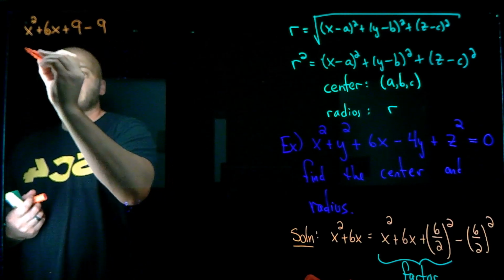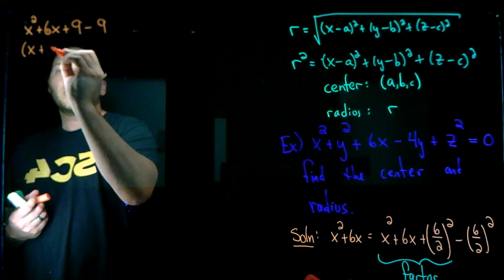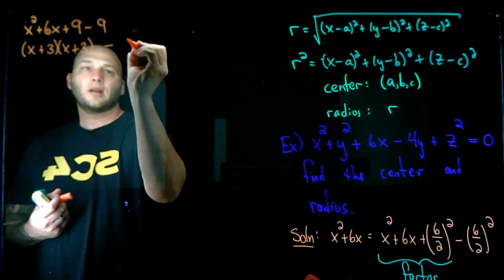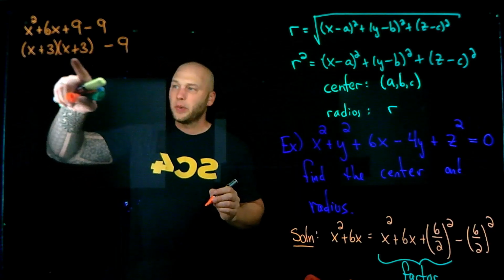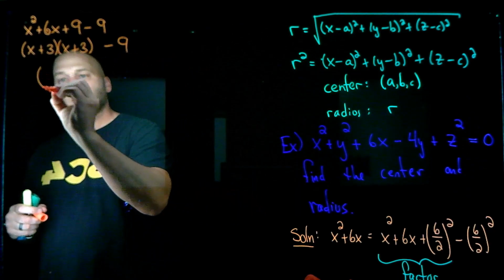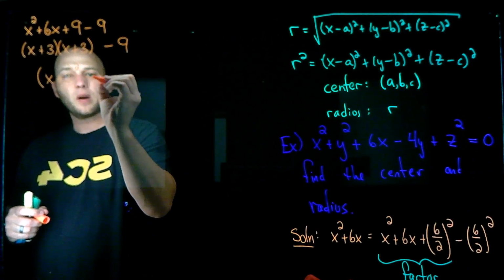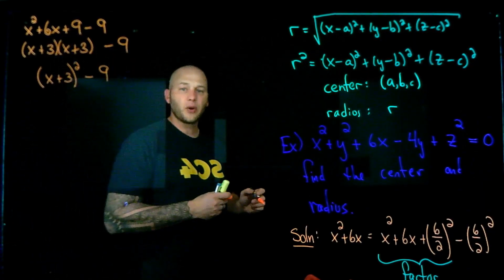Of course, that factors as x plus 3, x plus 3, and then I still have that minus 9. This being a perfect square, I can then write it in the form I was hoping, x plus 3 squared minus 9, so I have that now in standard form.